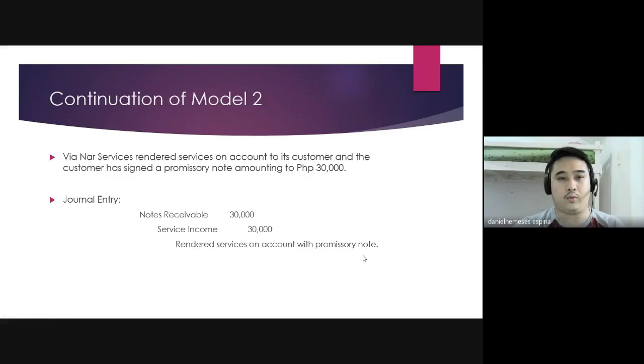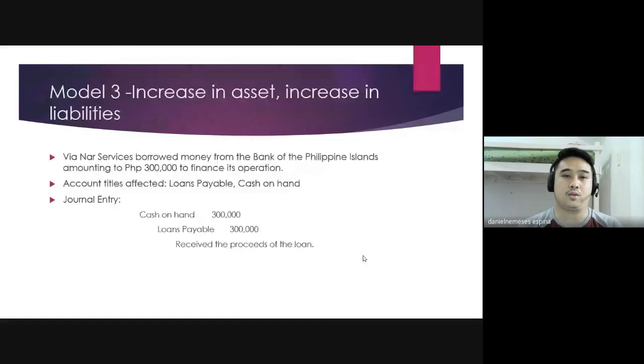Okay, so I think we're done with Model 2. So let's have Model 3. So an increase in asset and an increase in liabilities. So, right, every time you borrow money, of course, the business will receive cash.